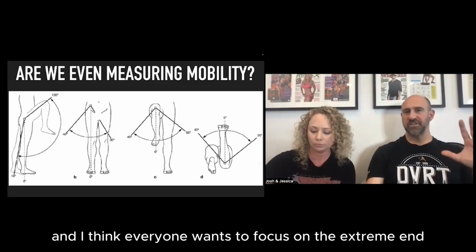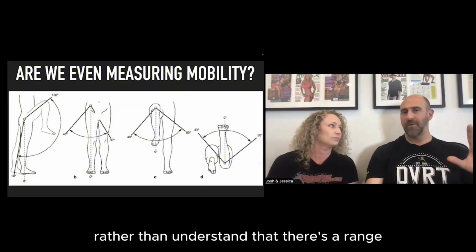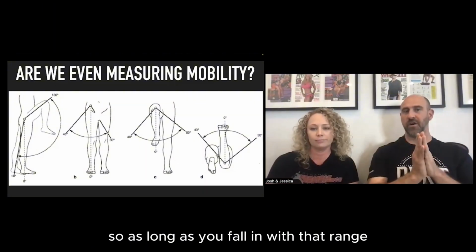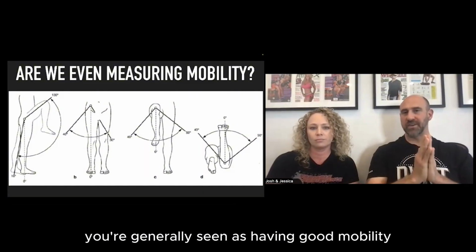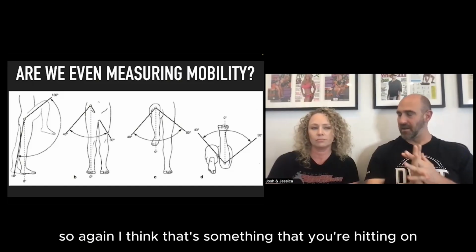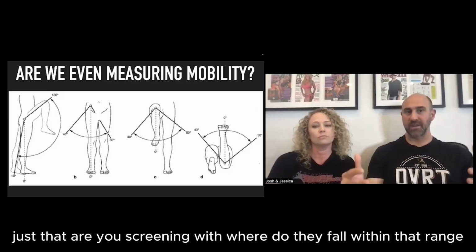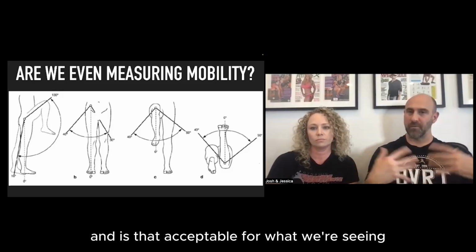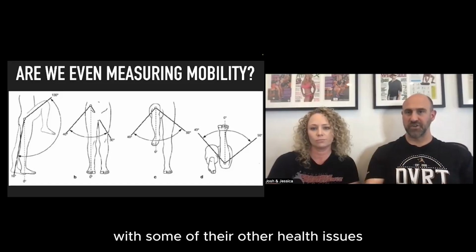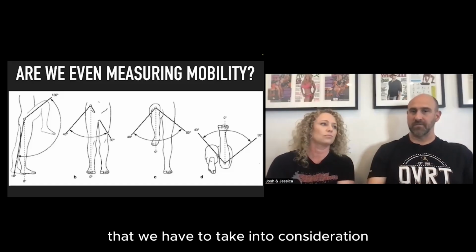And I think everyone wants to focus on the extreme end rather than understanding that there's a range. So as long as you fall within that range, you're generally seen as having good mobility. So again, I think that's something that you're hitting on, just that, are you screening where they fall within that range? And is that acceptable for what we're seeing with some of their other health issues that we have to take into consideration? Exactly.